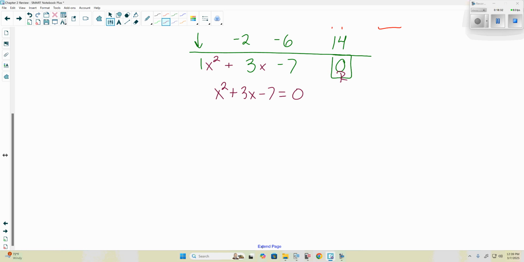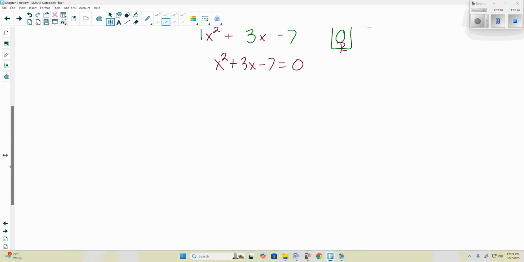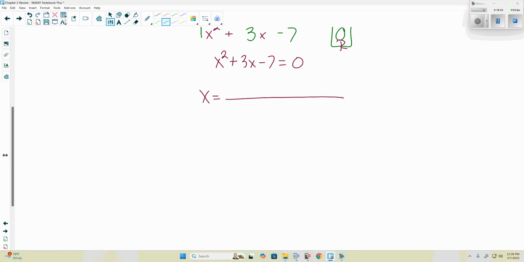Now, for us, this is not factorable. Factors of 7 aren't going to give us 3. So we're going to use the quadratic formula, as we're matching it to our ax squared plus bx plus c.